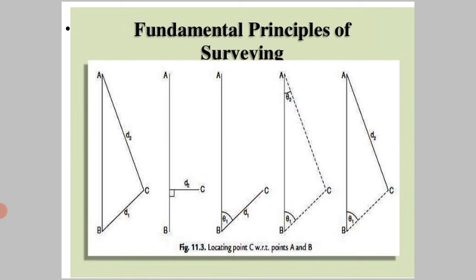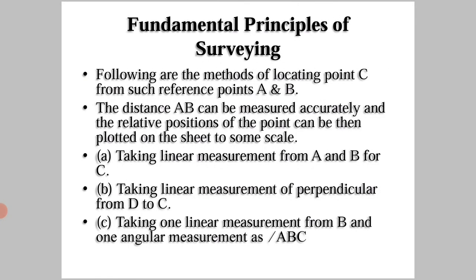Then the last figure shows taking one angle at B as angle ABC and one linear measurement from A as AC, right? So these are the fundamental principles of surveying. Okay, this is the explanation of the above slide.